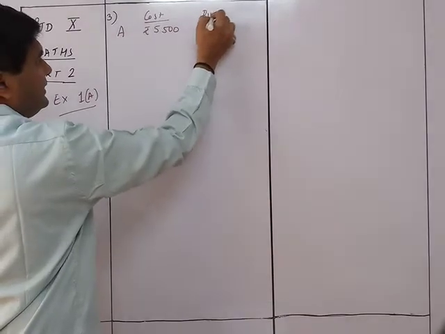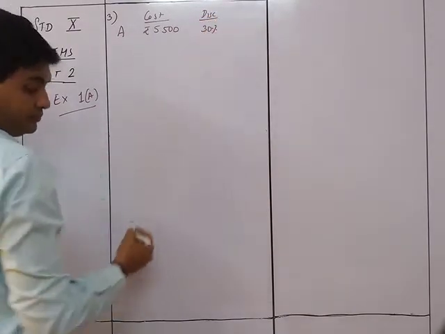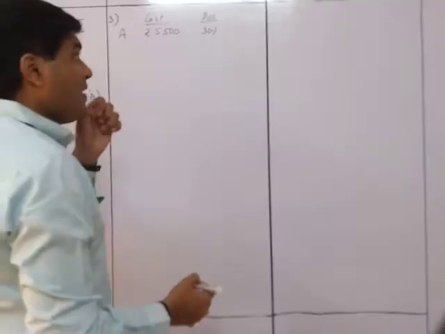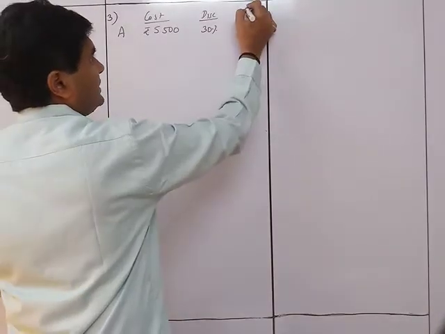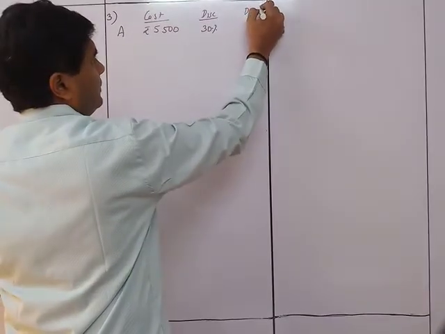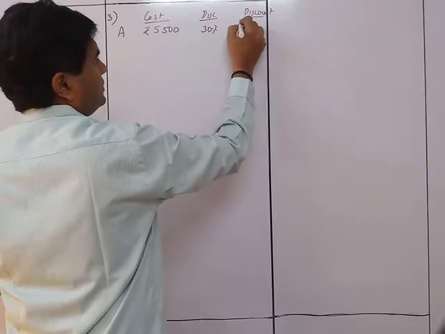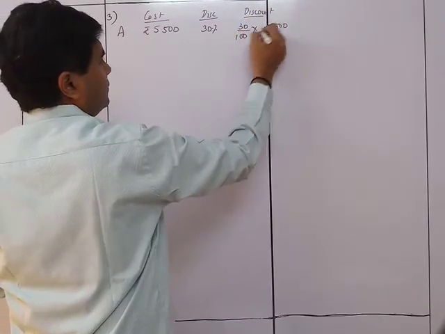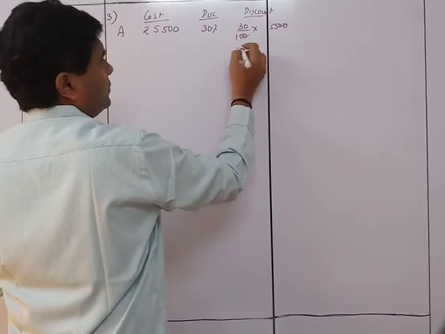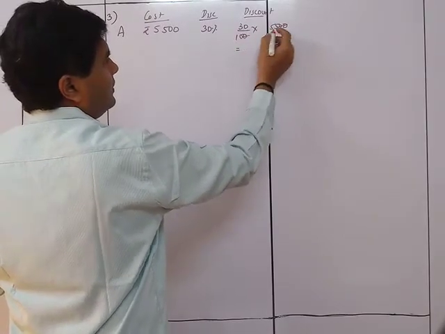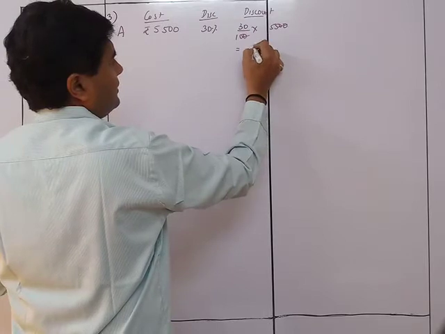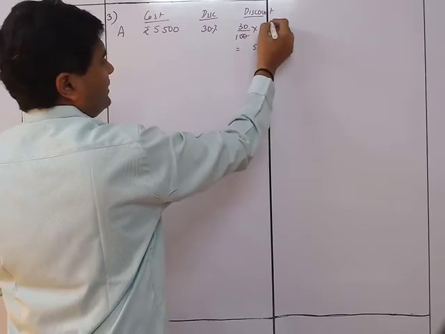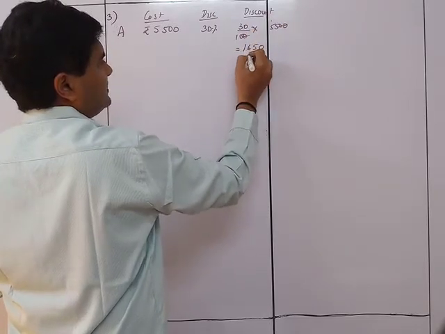Discount is 30%. Accordingly, the discount will be equal to 30 upon 100 into 5500. That will be equal to 1650.